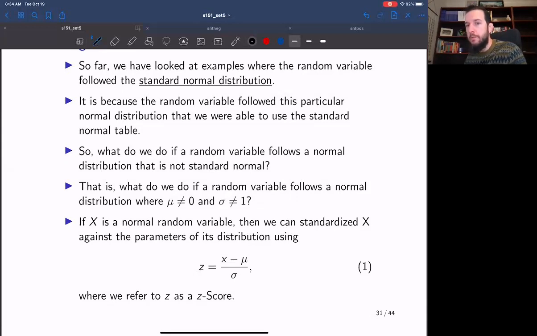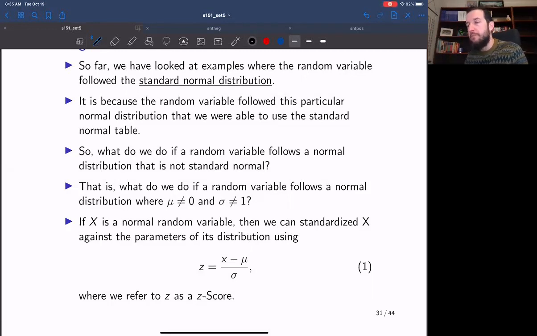So equation 1 is our standardization formula. What this does is it takes any value of x, so any value on a normal distribution, and it changes it into a z-score based off of that normal distribution's mean and standard deviation.